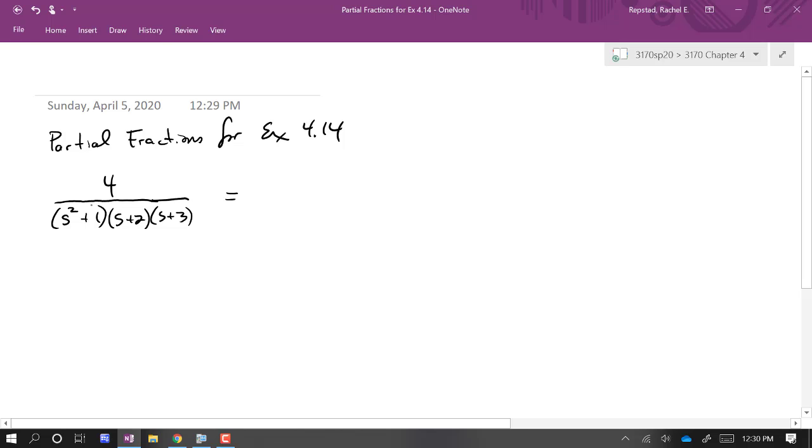So the s squared plus 1, that's a quadratic, so I'm going to put an arbitrary linear up top, as plus b over s squared plus 1. And then s plus 2 just gets a constant, c over s plus 2, and then d over s plus 3.